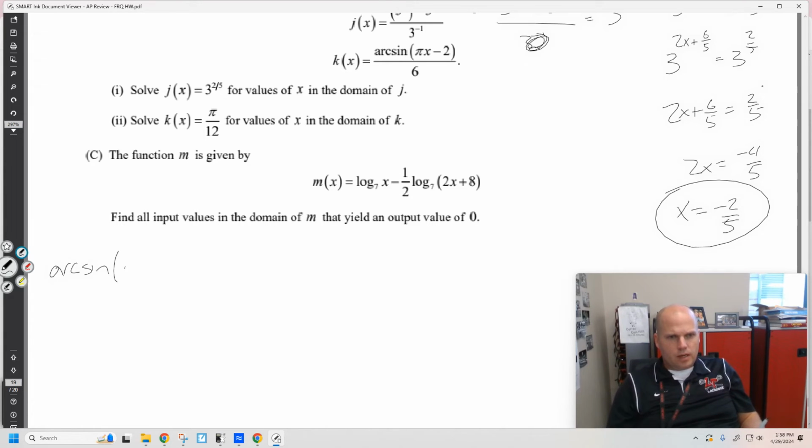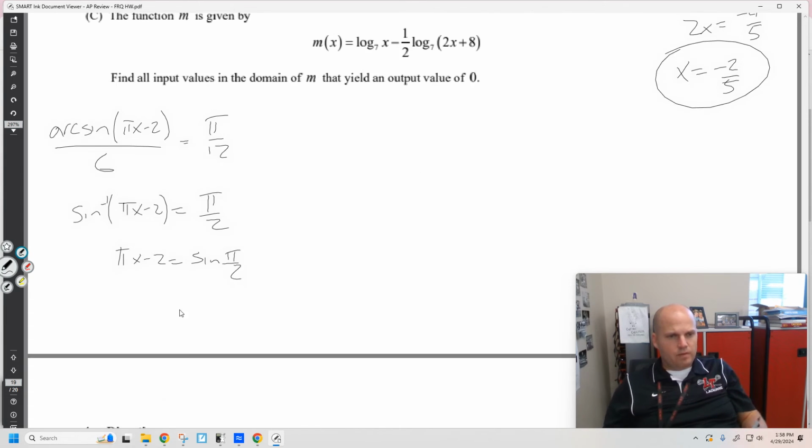Arc sine of (pi x minus 2) over 6 equals pi over 12. Sine inverse of pi x minus 2 equals pi over 2. Take the sine of both sides. Pi x minus 2 equals the sine of pi over 2. Sine of pi over 2 is 1.